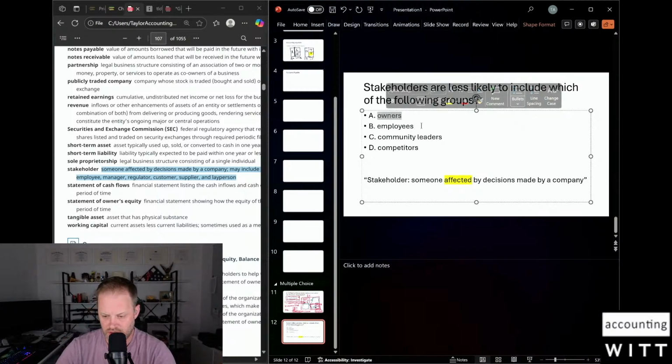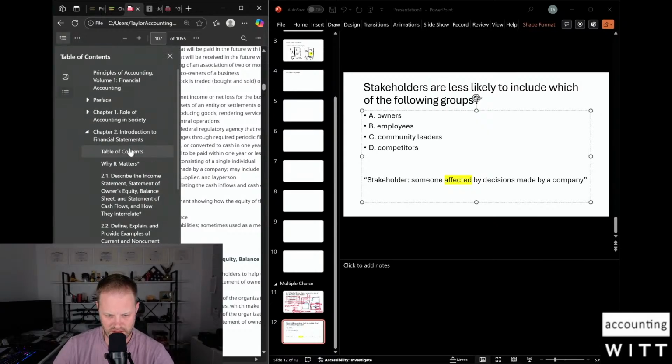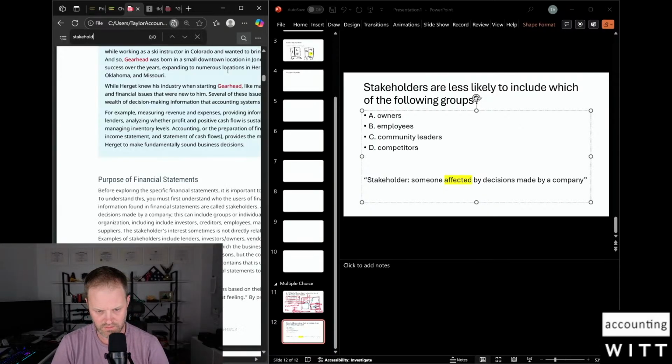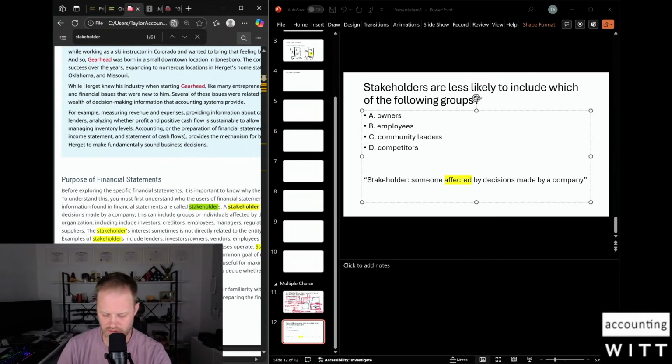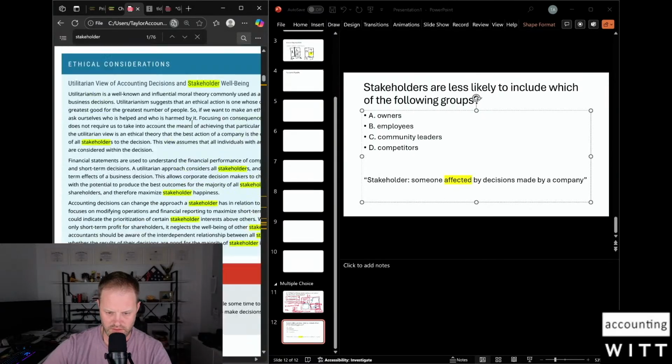Owners. I call them stakeholders, but I'm guessing that, let's go to the section of the book talking about this. Man, it's hard to navigate.